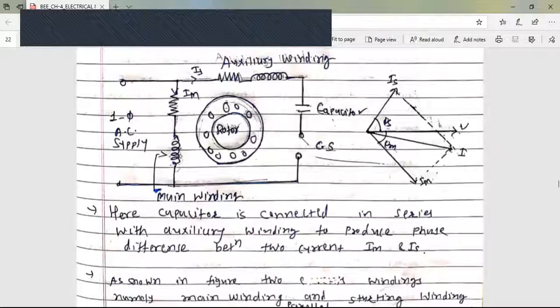Okay. So we have discussed that when supply voltage is given to this motor, current IM flows through the main winding and current IS flows through the auxiliary winding.